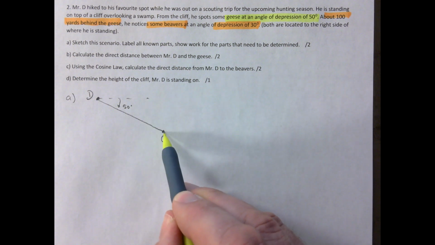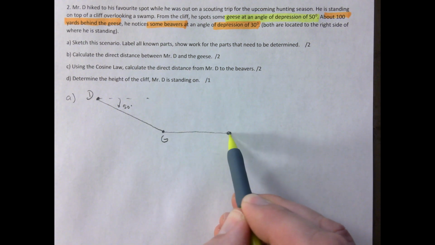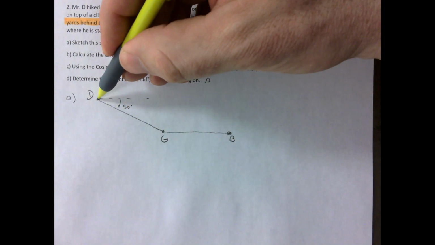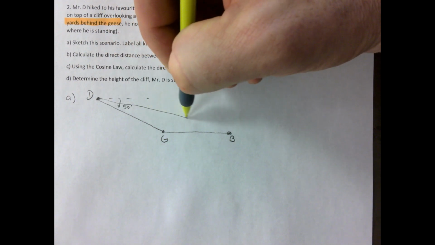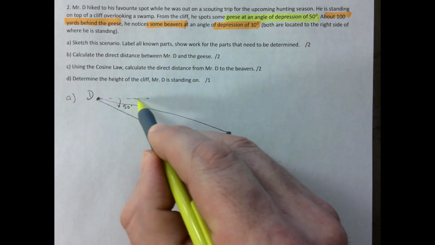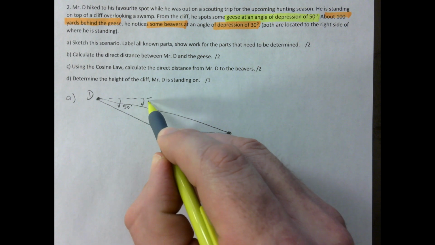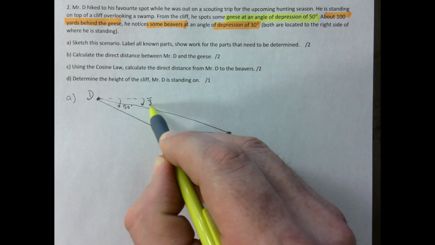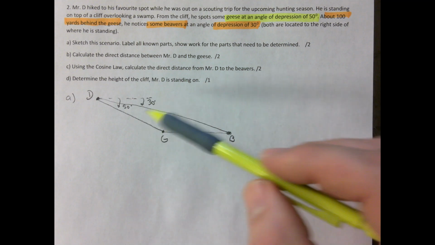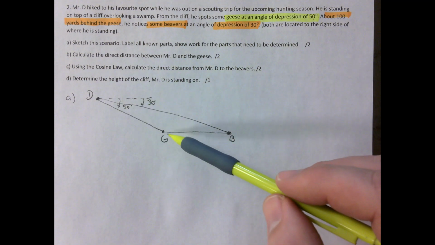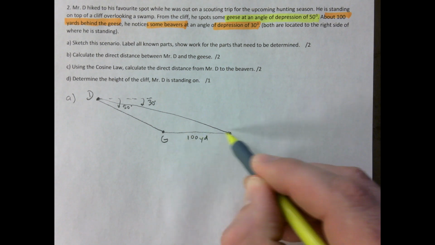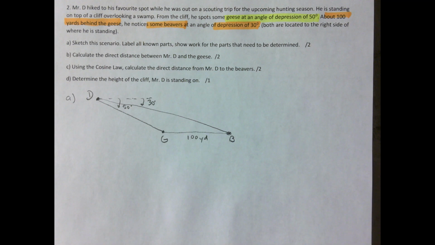And then 100 yards behind are some beavers, and I'm still looking at that point right there. This angle right here is supposed to be 30. If you look at this, it should make sense. 50, they're closer. 100 yards behind the geese, you've got the beavers there.